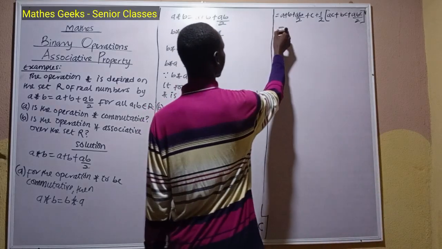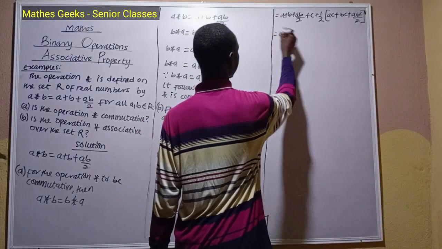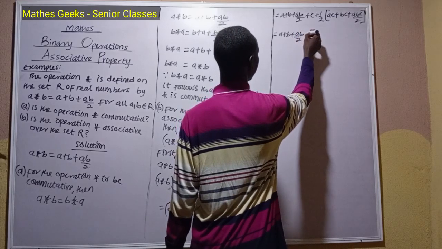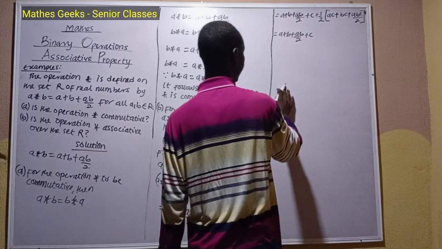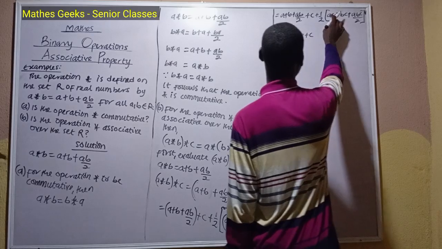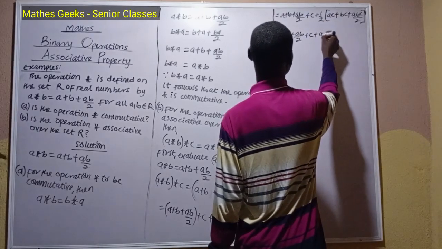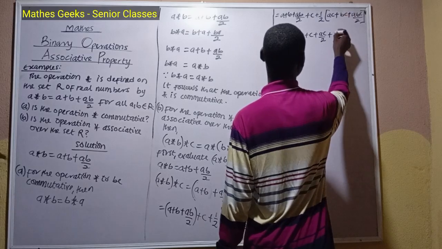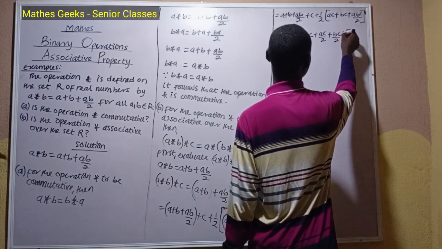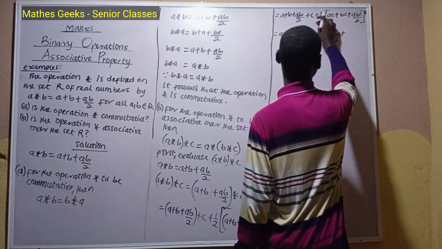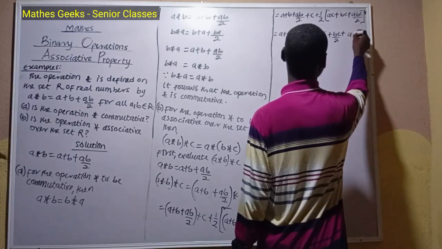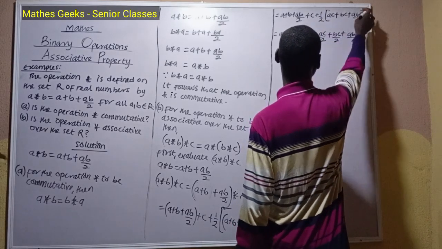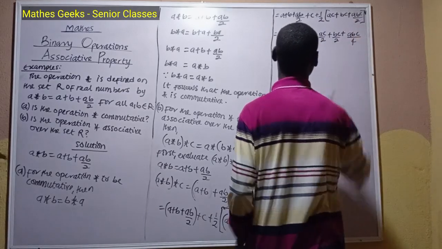Okay, so now we have A plus B plus AB over 2 plus C. Half times AC gives us AC over 2, plus BC. Half times BC gives us BC over 2, plus half times ABC over 2 gives us ABC over 4, because 1 times ABC gives us ABC, 2 times 2 gives us 4.